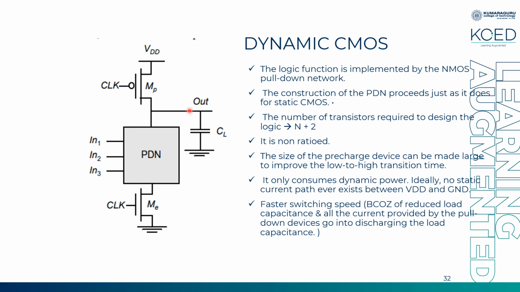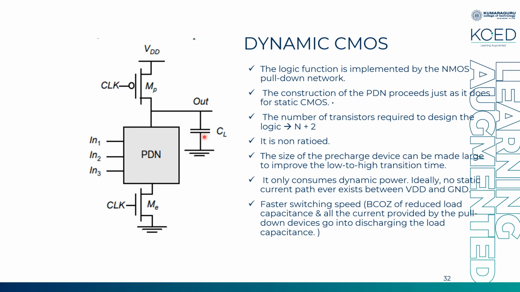And why faster switching speed? So generally dynamic logic style will have faster working, that is speed, as seen in the last slide. Based on this capacitance, this capacitance is the reason.